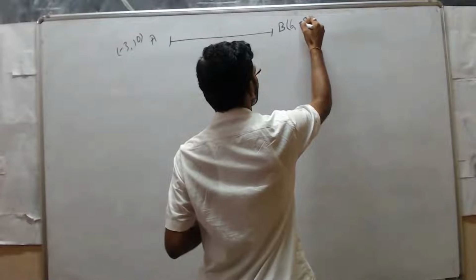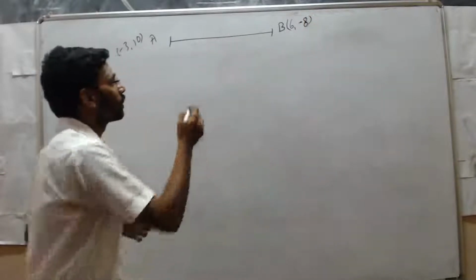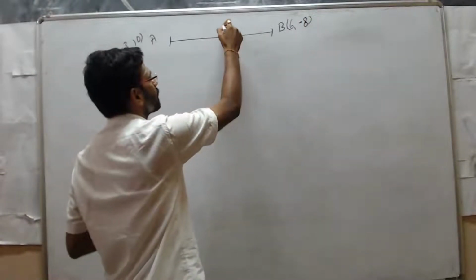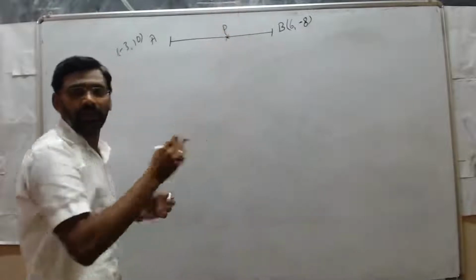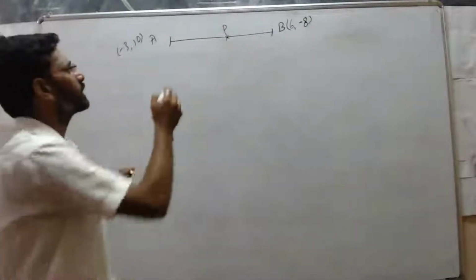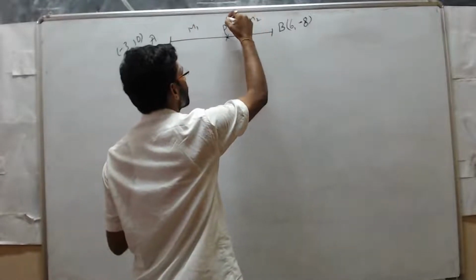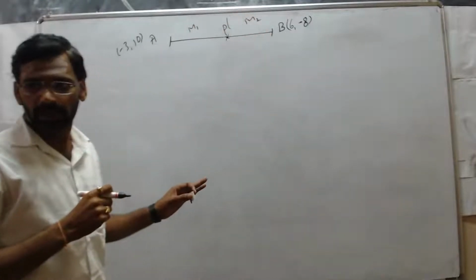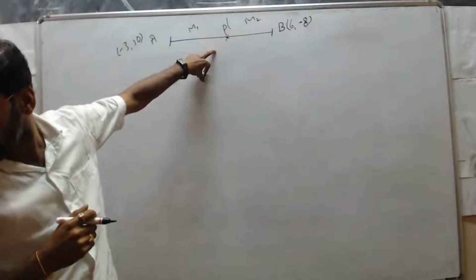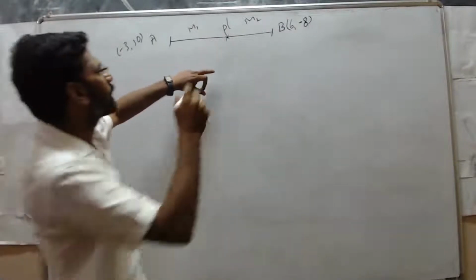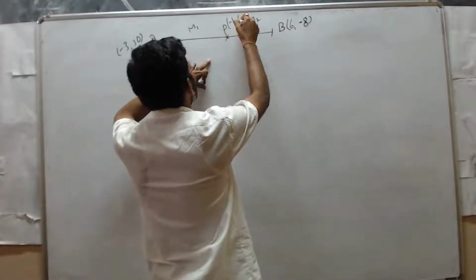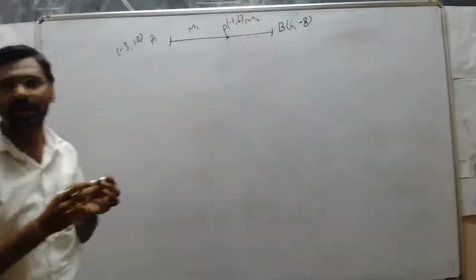One point is there. That point will divide the line segment in which ratio? It means m1 and m2. The coordinates of that point are (-1, 6).